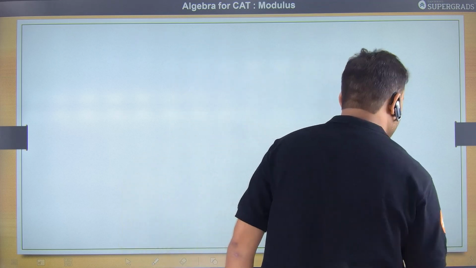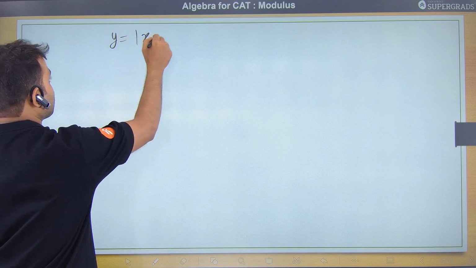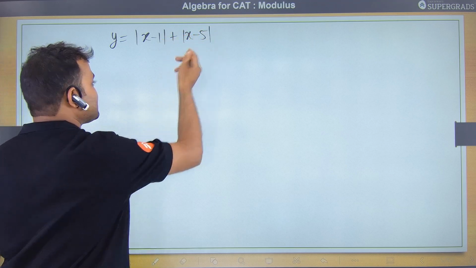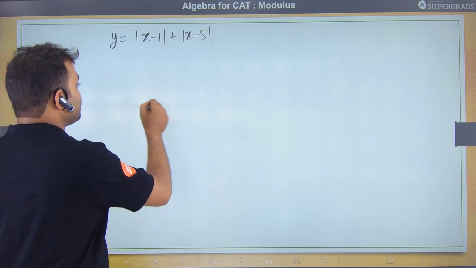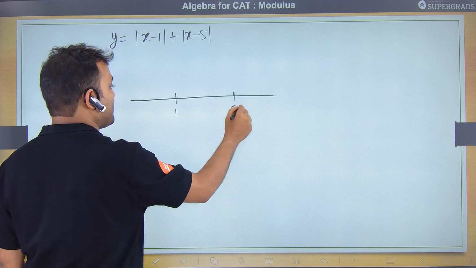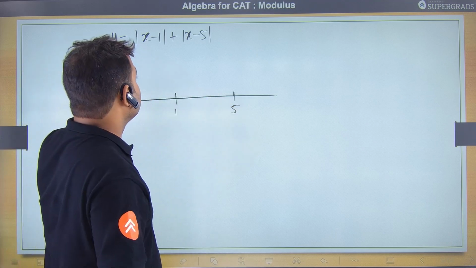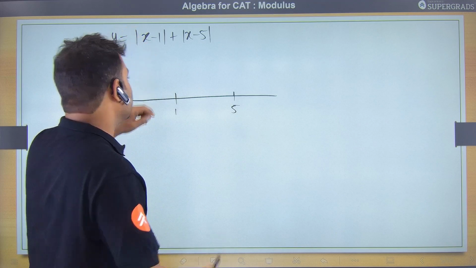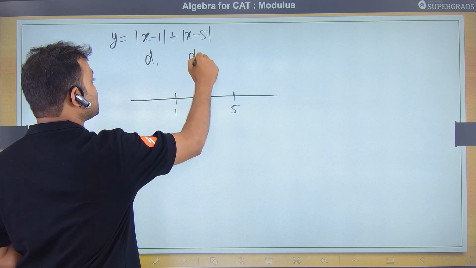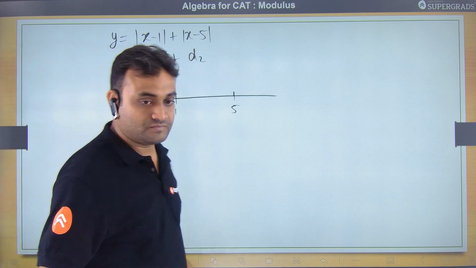So what if we talk about y is equal to mod of x minus 1 plus mod of x minus 5? What does that mean? It means take the two critical points, which are 1 and 5. The distance between x and 1, let's say this is d1, and x and 5, let's say this is d2, then y represents d1 plus d2.